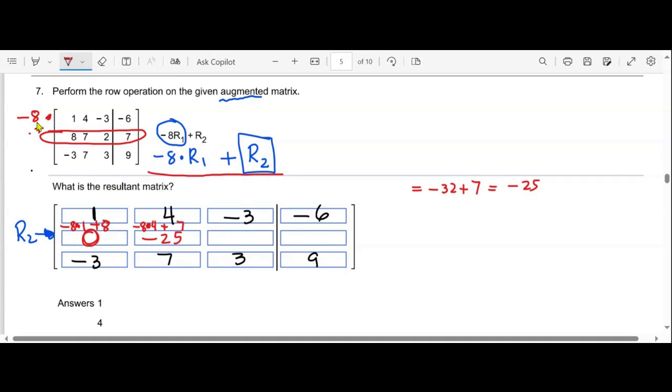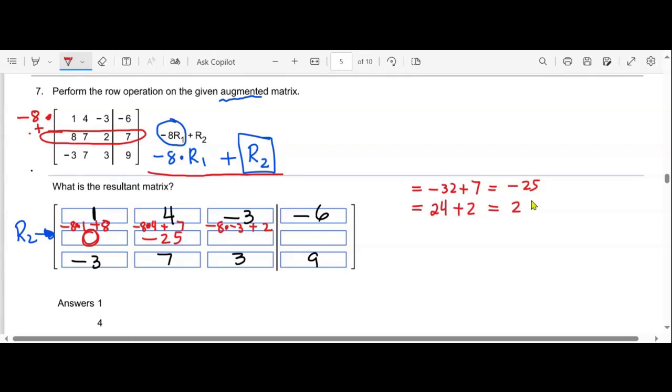Second part, we're gonna multiply -8 times -3, and then add it to what? To row 2, which is 2. So -8 times -3 is 24, plus 2.